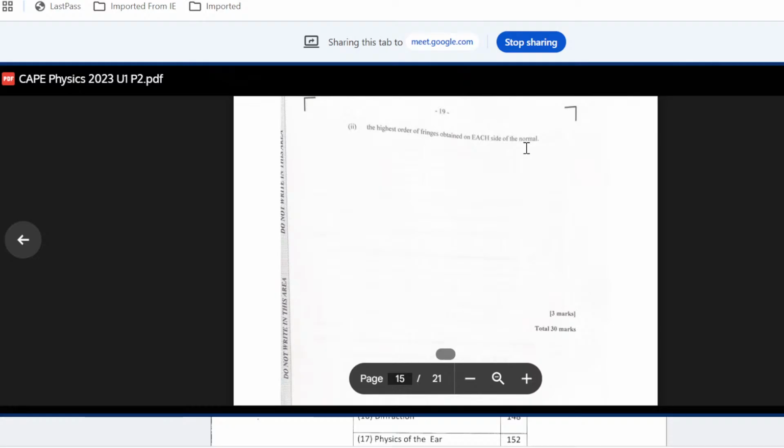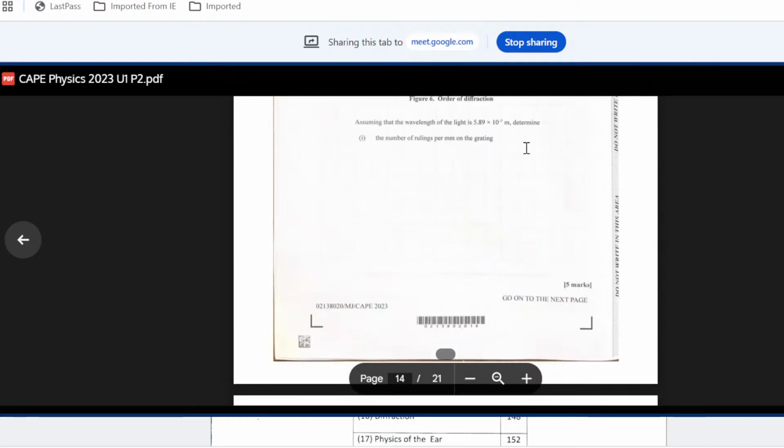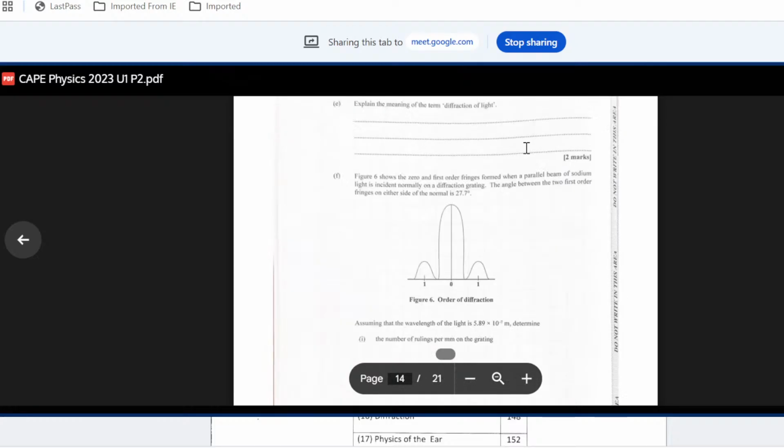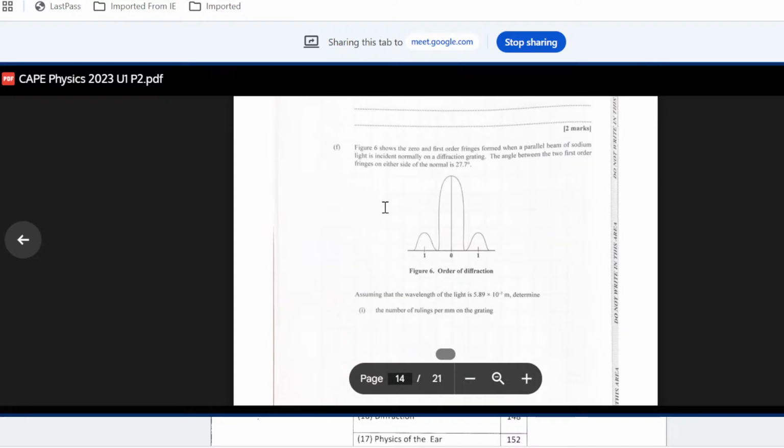I would say that the highest order would be based on the degree, the highest possible degree. What was the formula used?